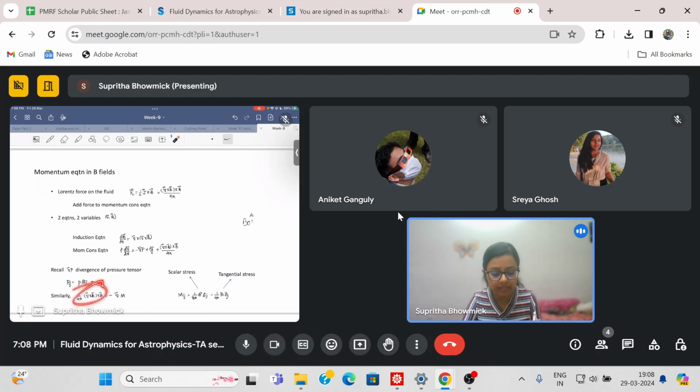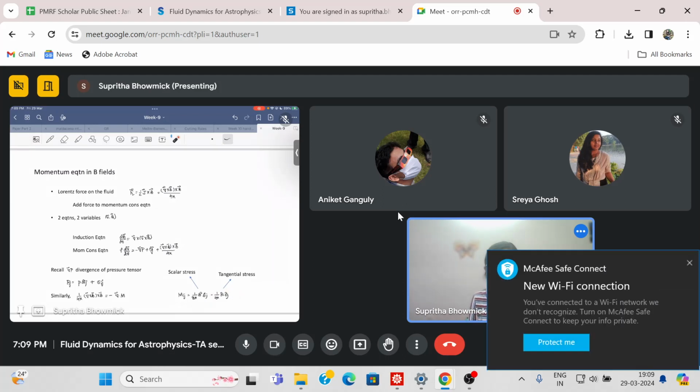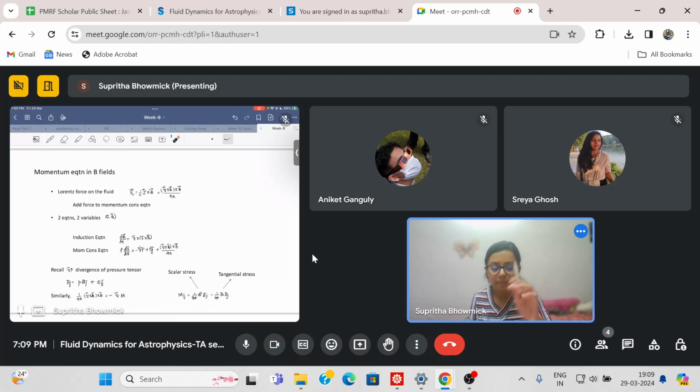Once you've convinced yourself that this is indeed true, we recognize this term as the scalar stress and this term as the tangential magnetic stress. This is the diagonal part of the magnetic pressure tensor, and these are the off diagonal parts. We place the gas pressure term and the magnetic pressure term on equal footing.